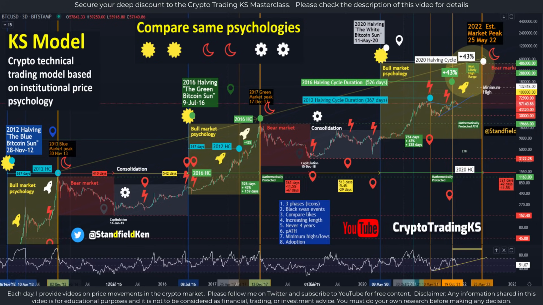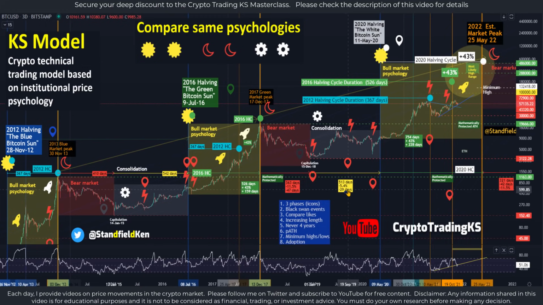Also, some little bonus for you, the bear markets are actually getting smaller. Comparing the bear market of 410 days in the 2012 halving cycle to the bear market of the 2016 halving cycle, it went 11.5% less, or 47 days less. Also, the consolidation of the 2012 halving cycle was 542 days.